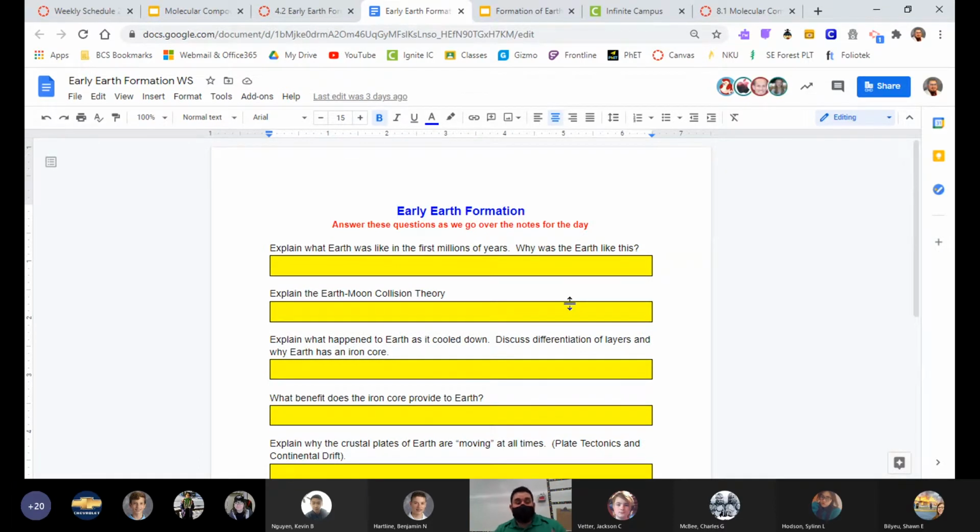We are going to do this during the notes, and then you submit it, turn it in today. There really should be no late work. There really should be no falling behind, because this is literally what we're going to do for today. I am hoping that the notes do not take the entire class period.